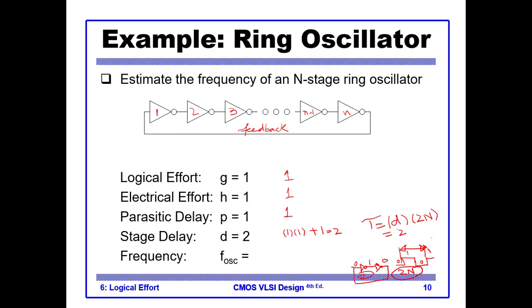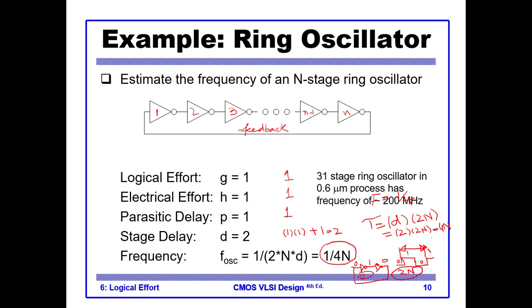So we can say 2 into 2n is basically 4n, and this is our period, or frequency is 1 by capital T. So if you plug in all these values, you get 1 by 4n as the frequency.